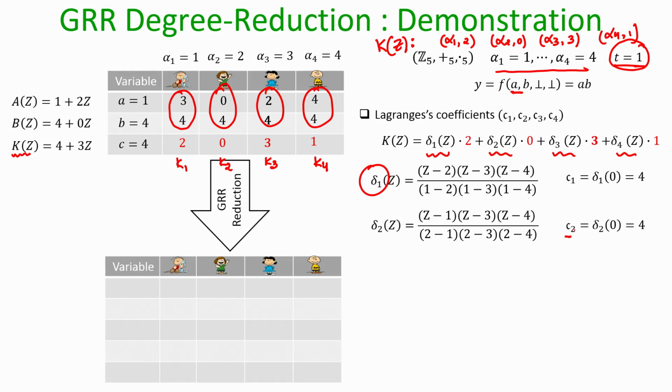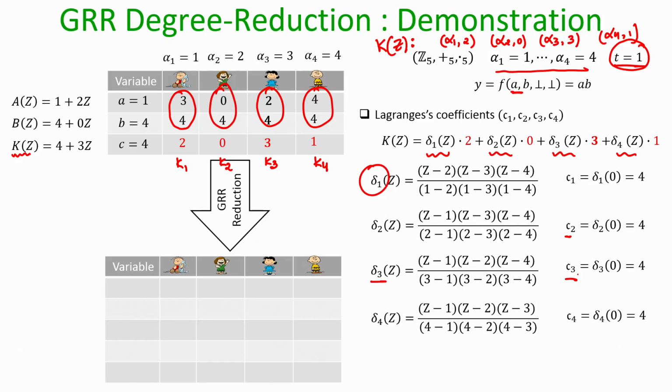By substituting z equal to 0, we get the second Lagrange coefficient. Similarly, we obtain the third delta polynomial and correspondingly the third Lagrange coefficient, and the fourth delta polynomial and the corresponding fourth Lagrange coefficient. So, this C1, C2, C3, C4 are publicly known.